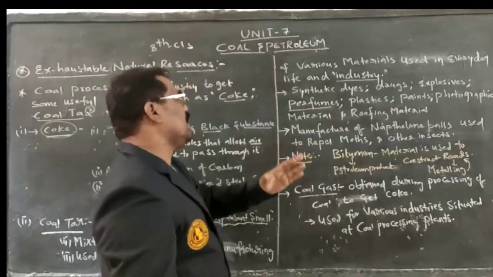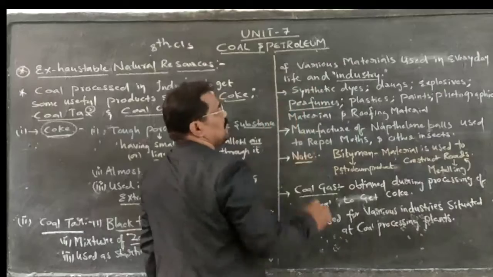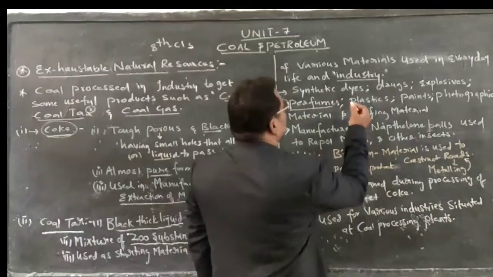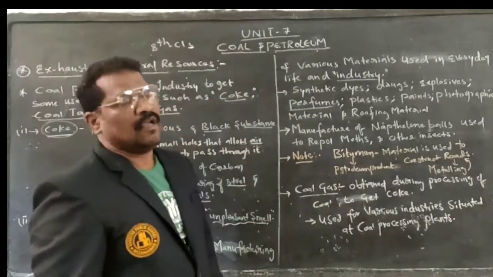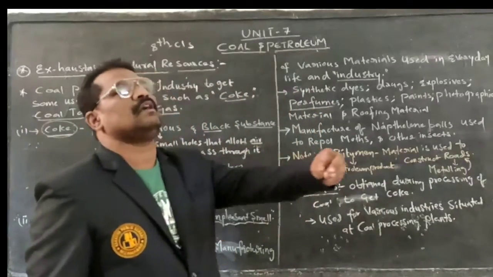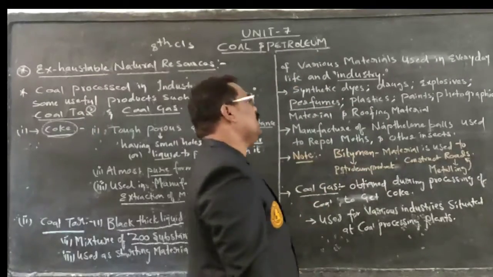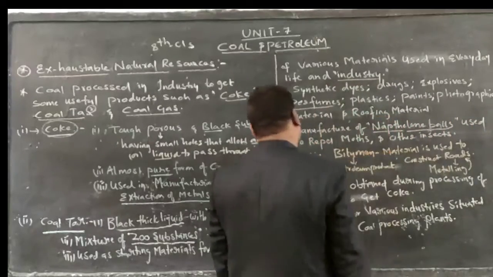Those are some manufactured materials. It is also useful to manufacture naphthalene balls, which repel moths and other insects. The naphthalene balls are also manufactured from coal tar.